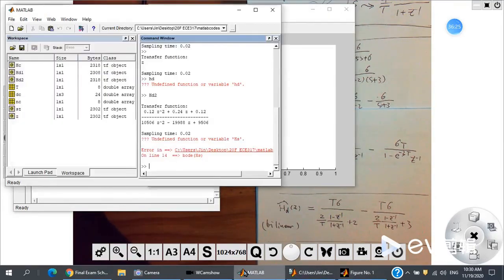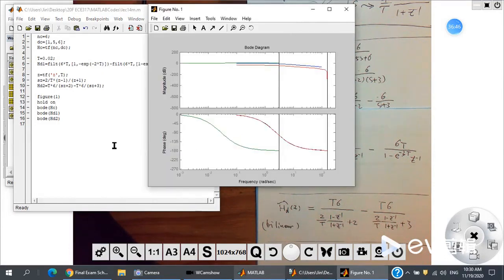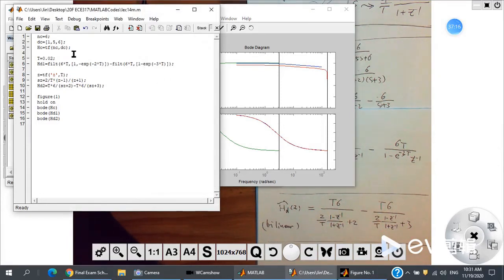Something wrong. Undefined function or variable HC. Sorry. I need a T. I need to give a T here.